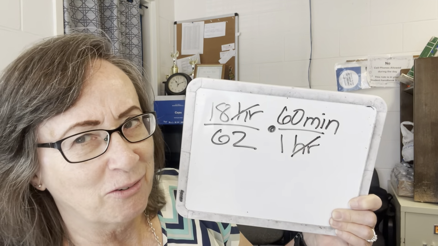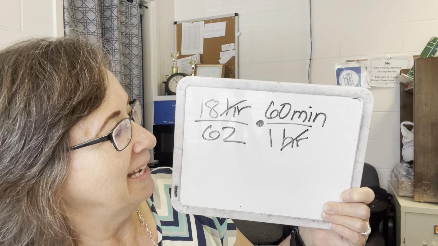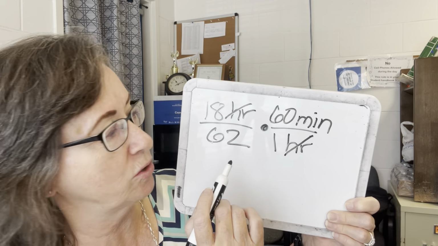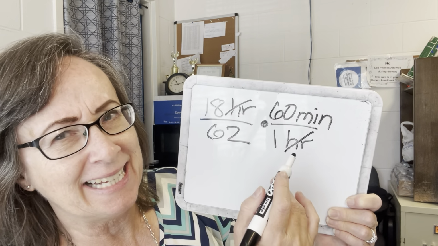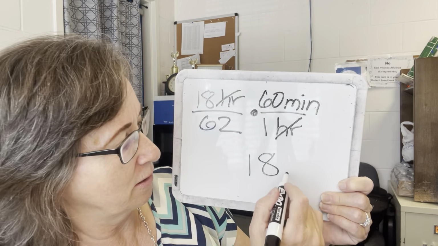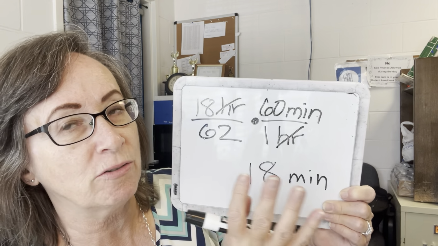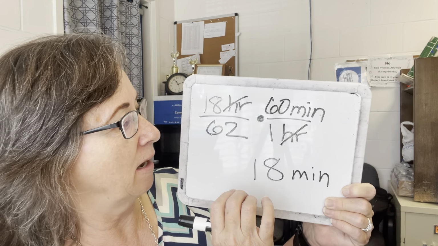Okay, now what they're wanting us to do is estimate. Isn't 62 and 60 really close to each other? So it's going to take 18 minutes-ish. Okay, now let's look, is it going to be greater than or less than 18 minutes?